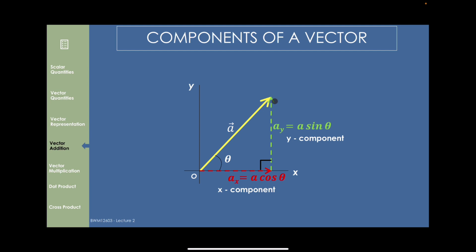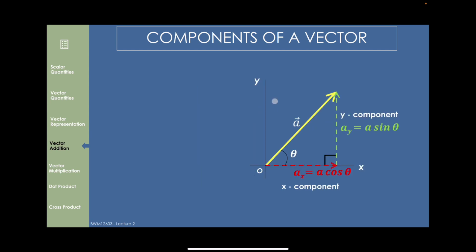Therefore, we can write that vector A is equal to the sum of its components. If there were three components, like if there was an x-axis, y-axis and z-axis, then there would be another component Az along the z-axis. Then our vector A would be represented as Ax plus Ay plus Az.